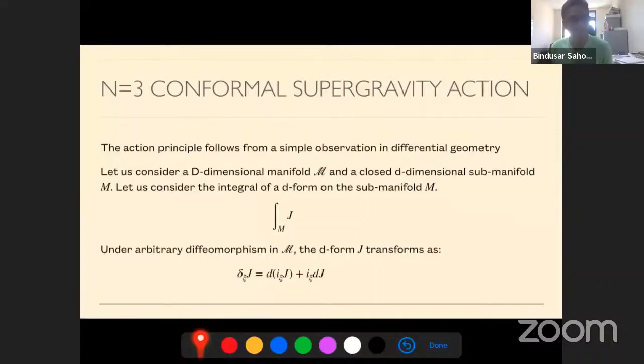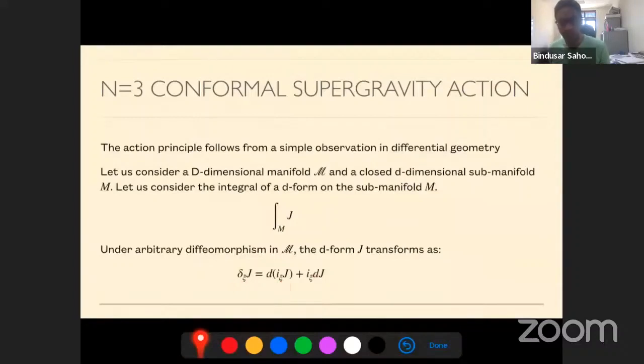This action, just by being a d-form on M, is already invariant under arbitrary diffeomorphism on M. But if we want this to be invariant under arbitrary diffeomorphism in the larger manifold, then dJ has to be 0, because the transformation of J has a total derivative piece.